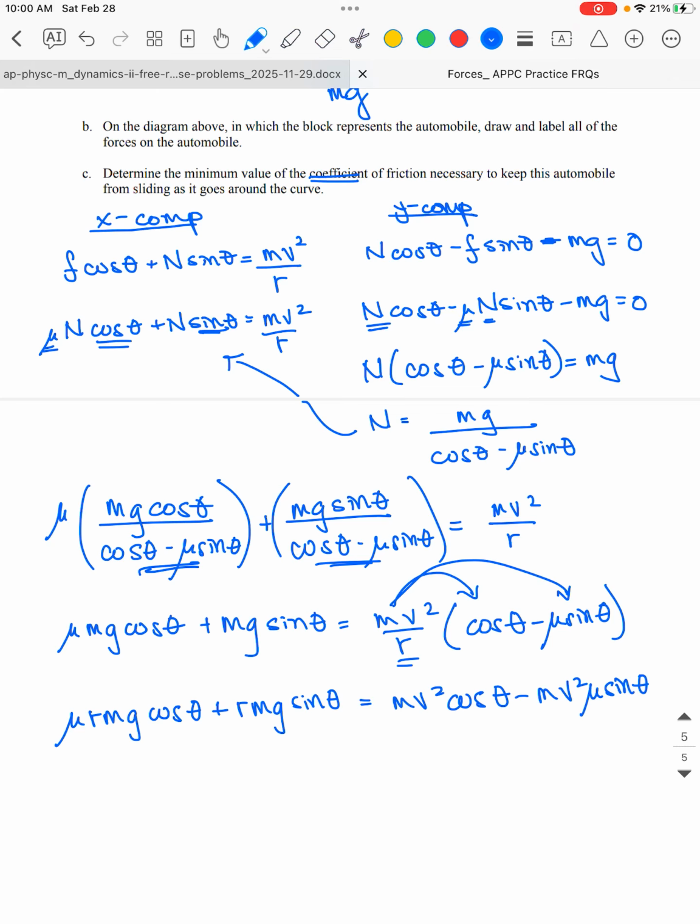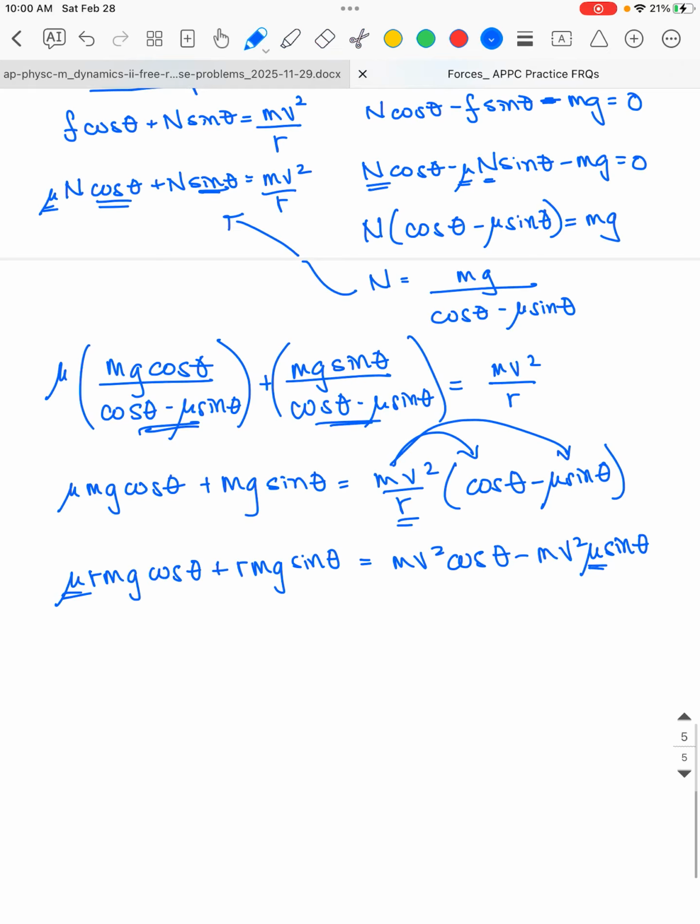Okay, now how do I get my mu on one side? How can I isolate that? I have to bring this whole section over to the left, this section to the right, and I also noticed that I've got m's all over for every single expression, so I can factor the m out and cancel it out.